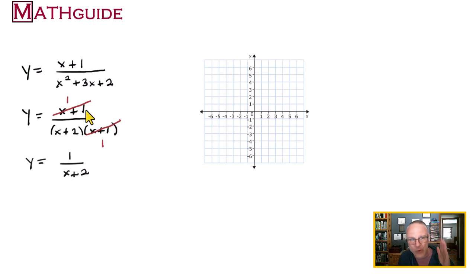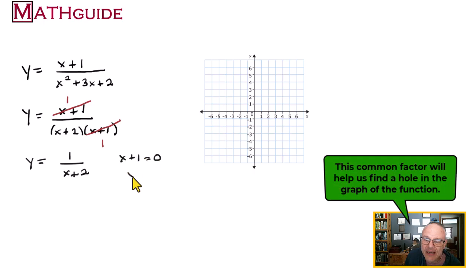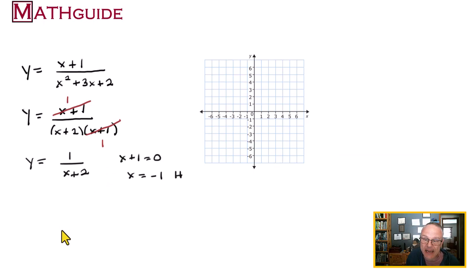Okay, but first of all, what's going on? When we remove this common factor of x plus 1, set the factor that cancels or reduces equal to 0, because you want to know what is going on with that thing. And if you subtract 1 from both sides, you see this. This is called a hole. There is a hole in the graph, and I'll talk about this in a second.